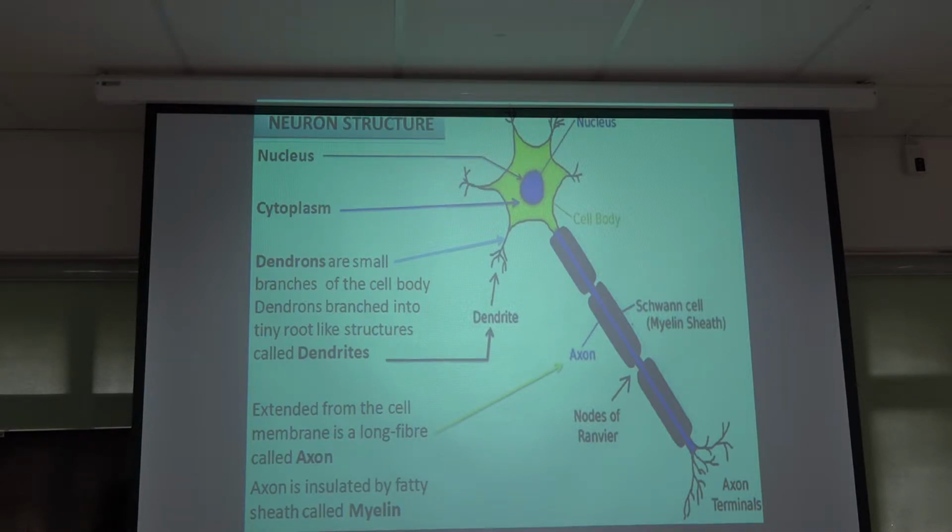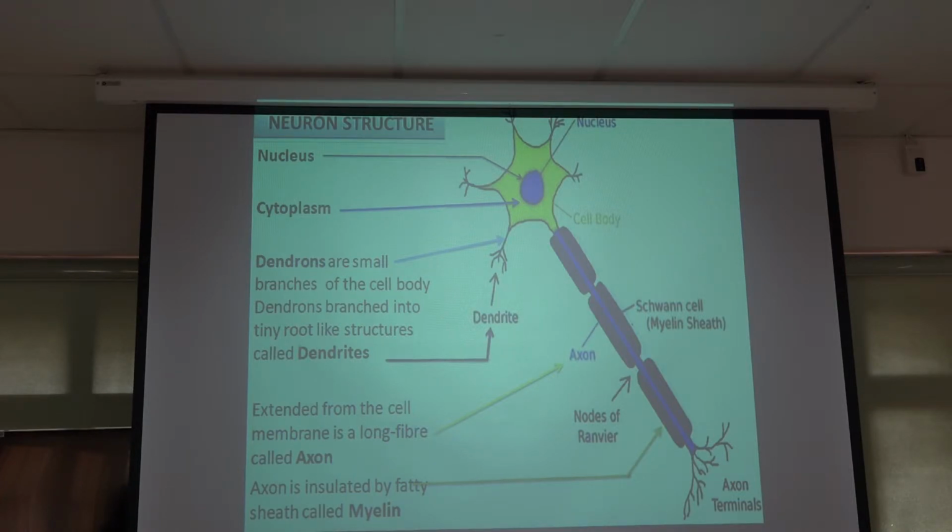And again, the axon is an extension from the cell body to the neuron end, called the axon terminal, where it connects to another neuron. And again, just to recap, the axon is surrounded by an insulated fat sheet called myelin.